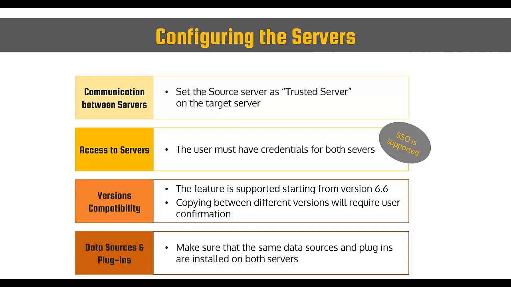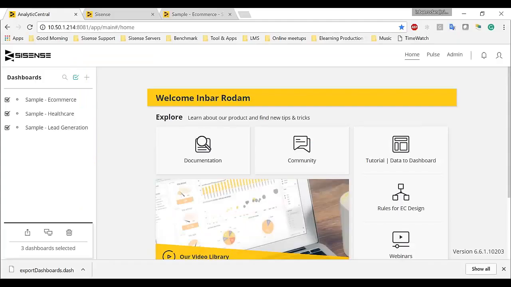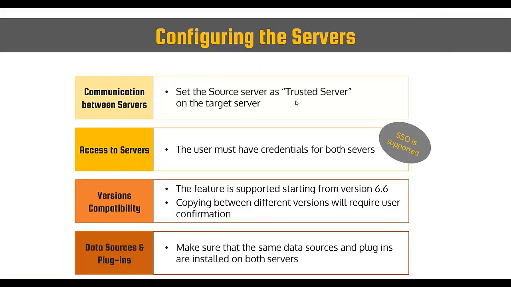So let's see how to do that. And as I said, here I have my environments, and what I want to do now is to show you how to set the source server as a trusted server on the target server.